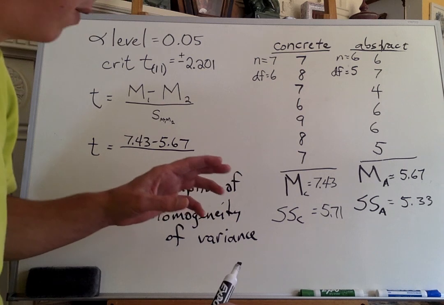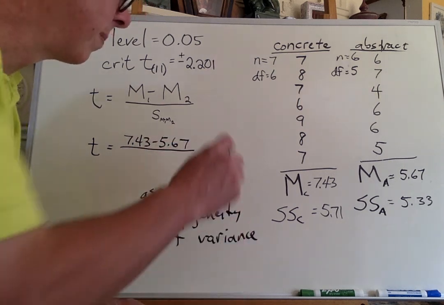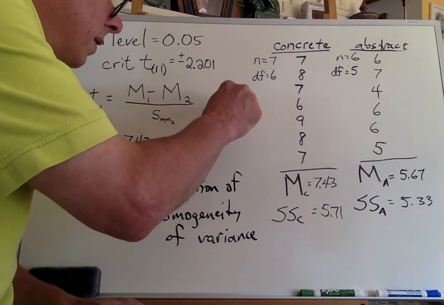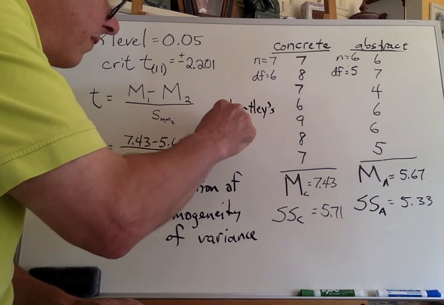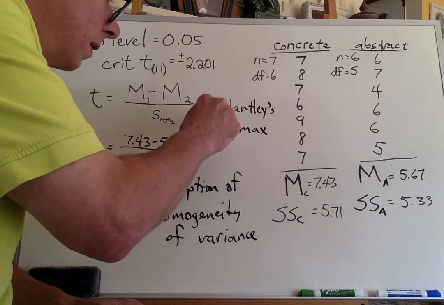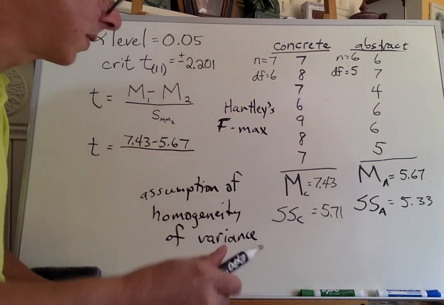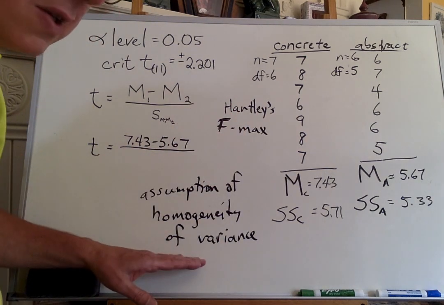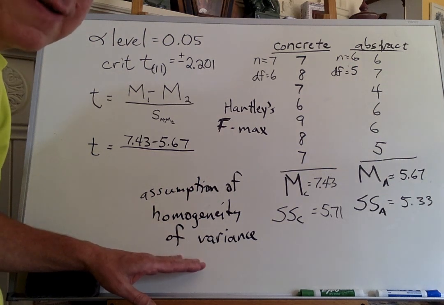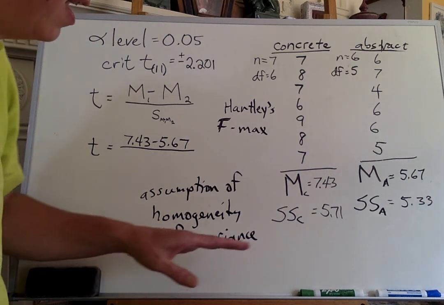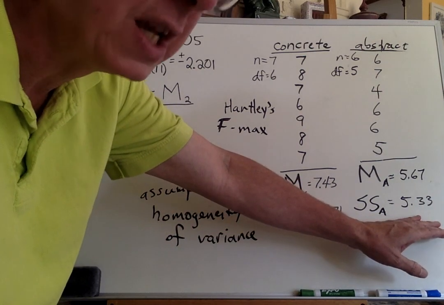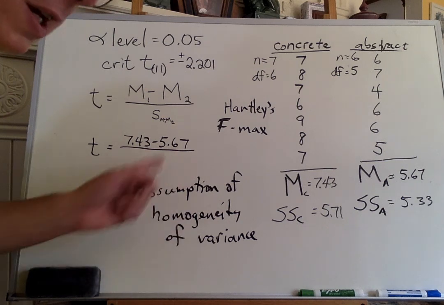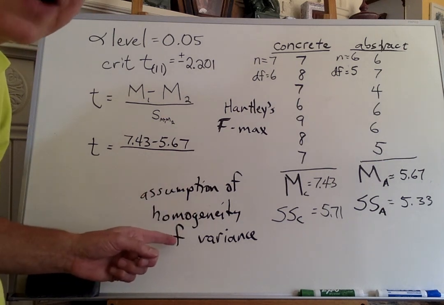Okay? Now, there is a test you'll read about, something called Hartley's F-max test. Hartley's F-max test will test for this assumption of homogeneity of variance. It will say, listen, if I had a sum of squares of 212 here and a sum of squares of 13, then I don't think I have homogeneity of variance.